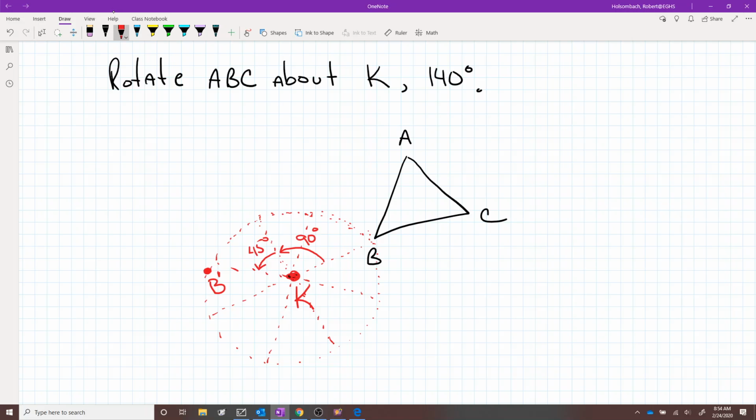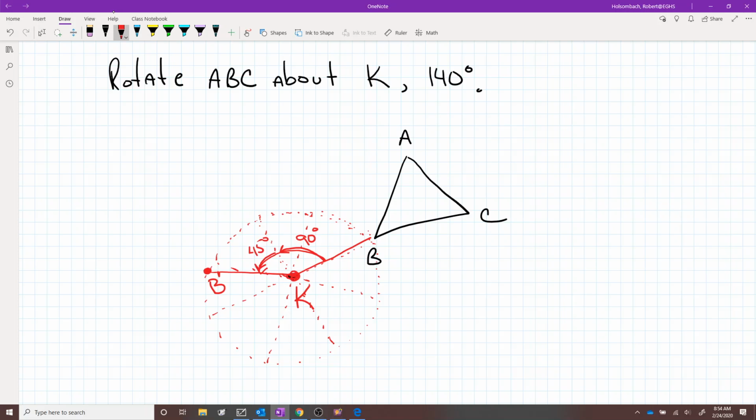Now you're going to do the same thing with A. You're going to imagine this same rotation. Here's your angle now that you're trying to keep the same on all of these rotations. You're trying to rotate them about this far right here. That's about your 140 degree rotation.